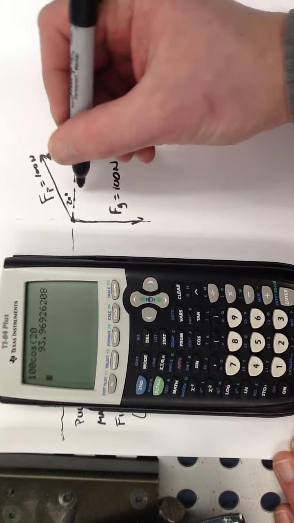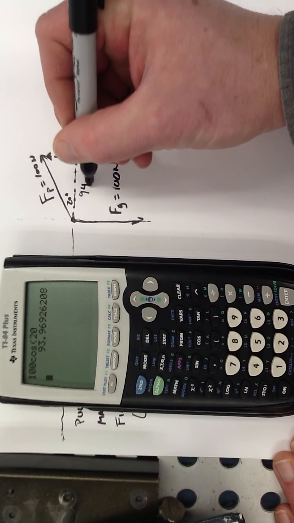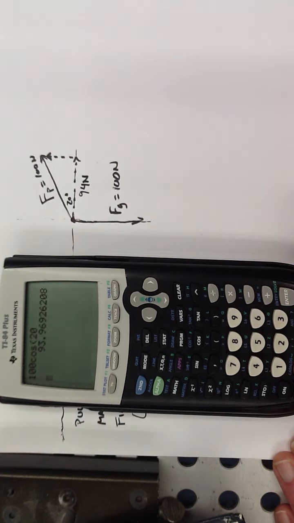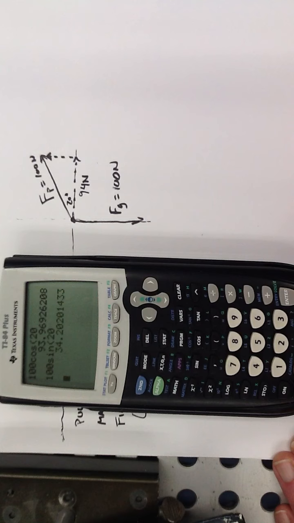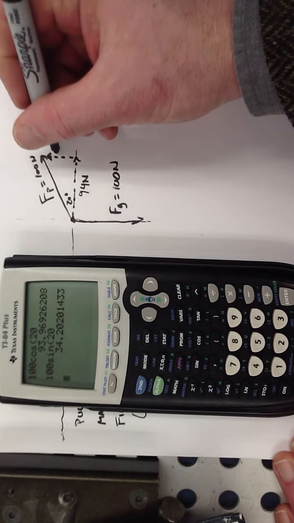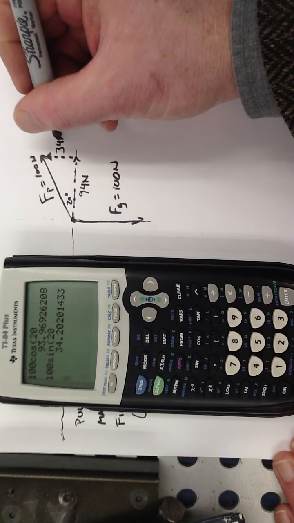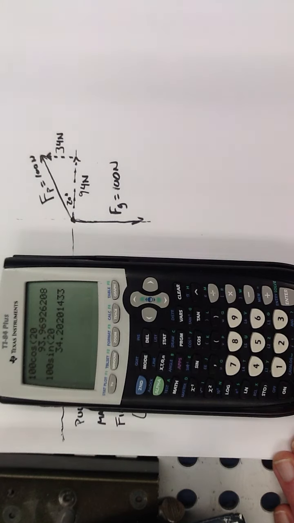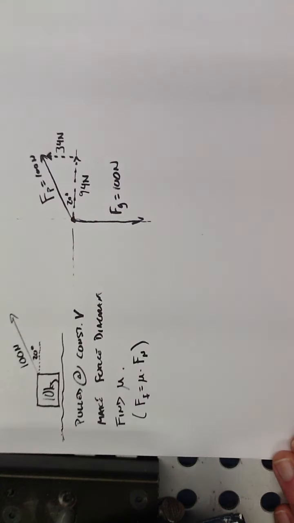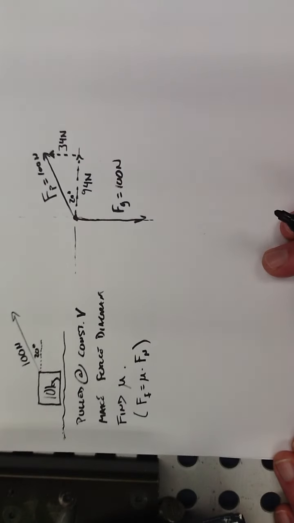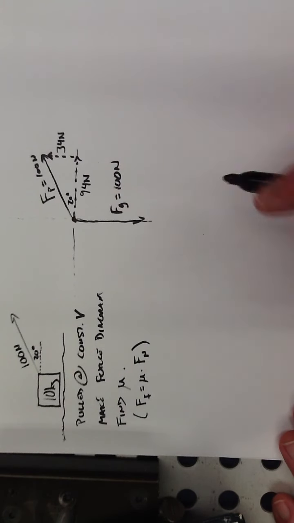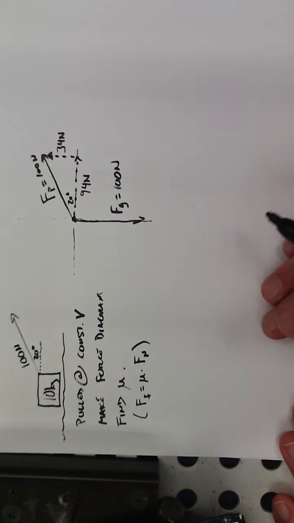That's about, I'll round to the nearest newton, 94, and then 100 times the sine of 20 will give me this. Call that 34 newtons. Looks about right.